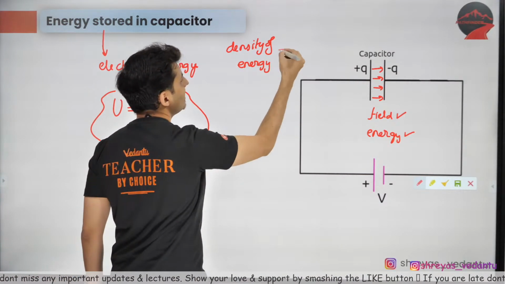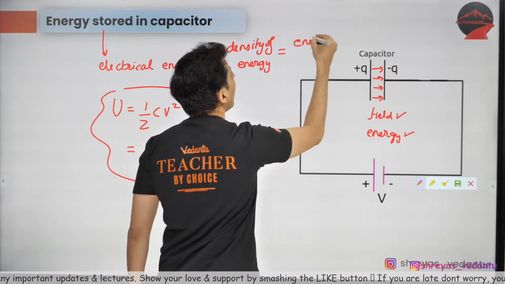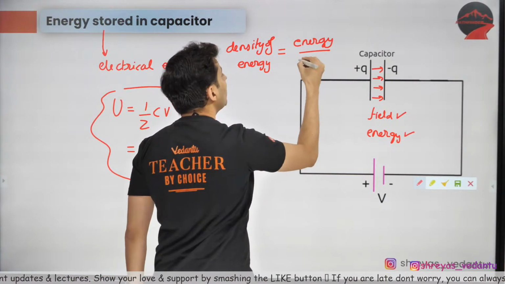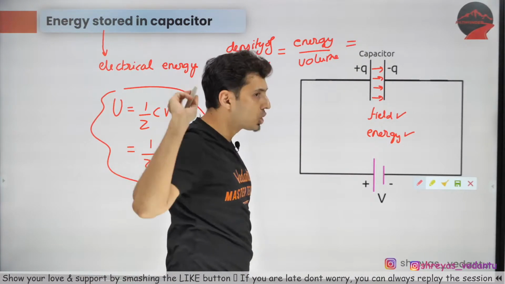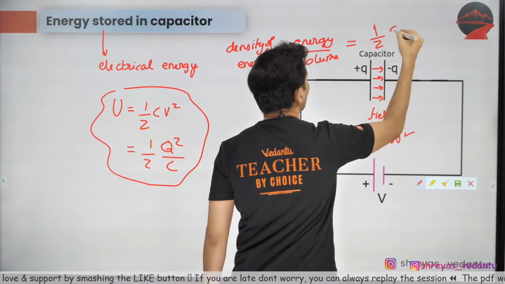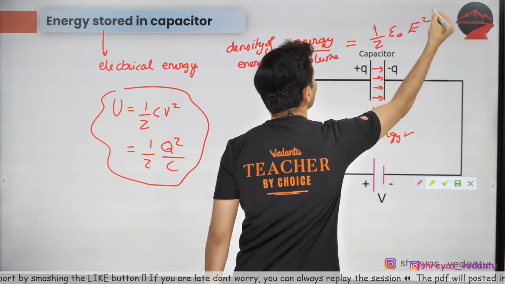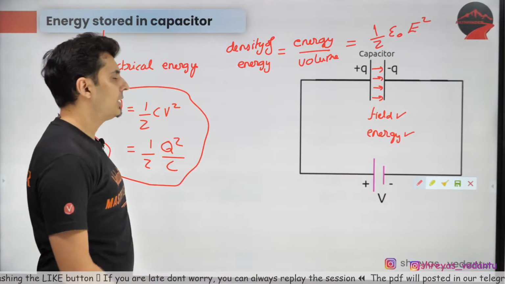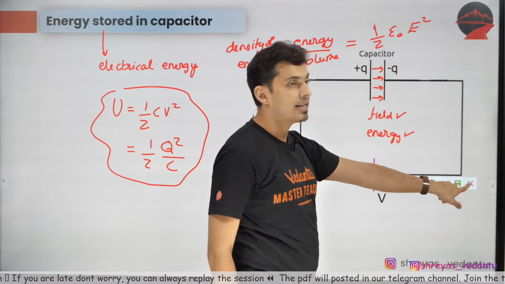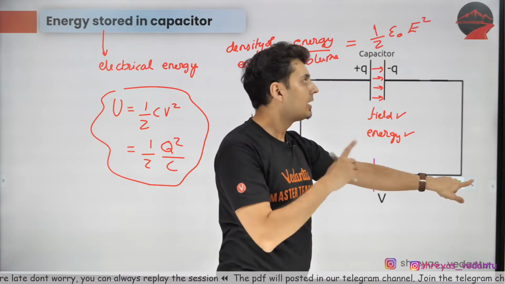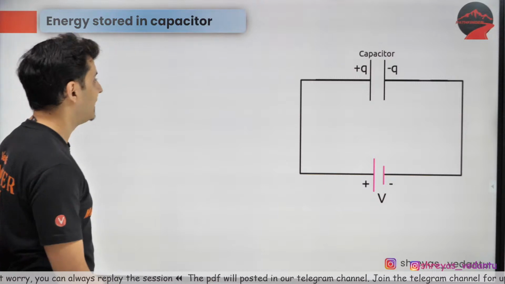What is the meaning of density of energy? It is basically energy per unit volume. There is a special formula and you should remember it: half epsilon naught E square. A very, very important formula. Keep this in mind. Energy per unit volume, joules per meter cube.